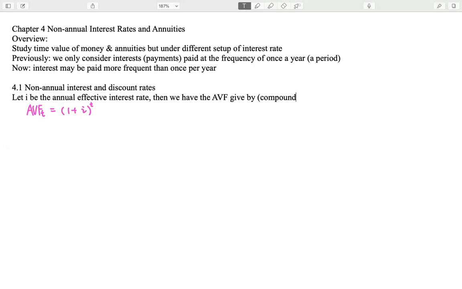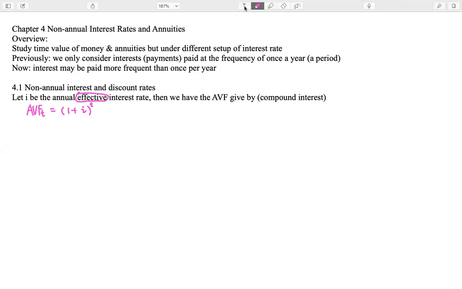Because I work with effective rates, technically I don't need to specify the frequency; you can think I did some kind of magic to change it to effective. The keyword here is really effective. Later on, we will study nominal, and we will compare the difference between nominal interest and effective interest. This is a basic setup we already know.